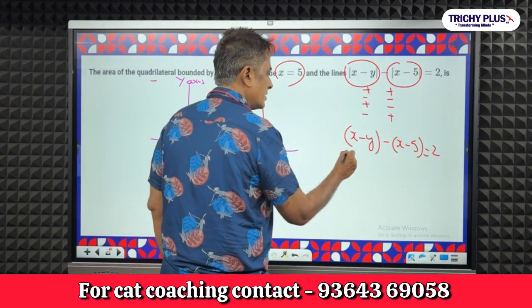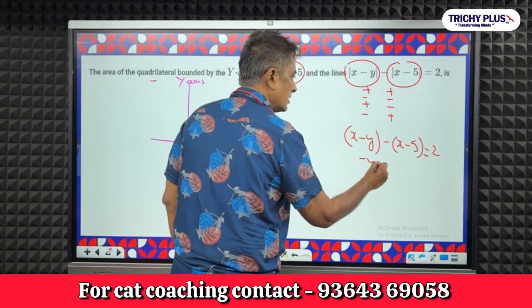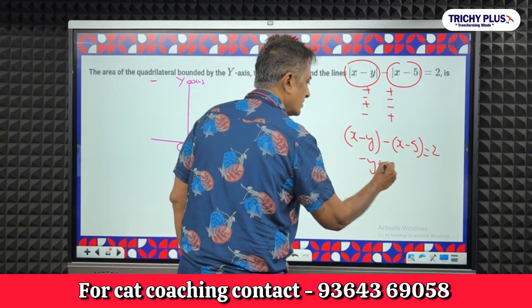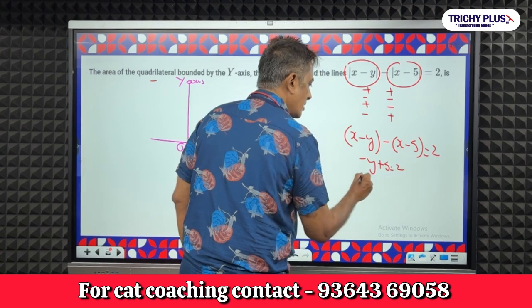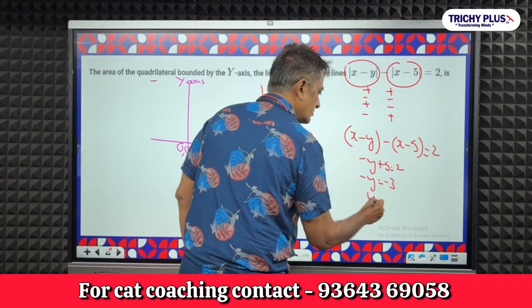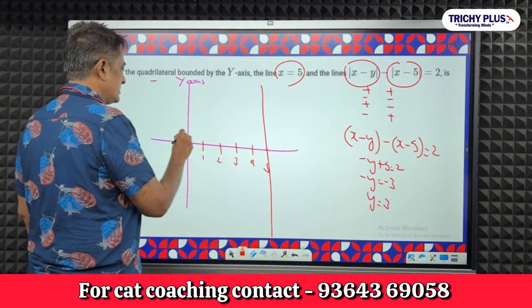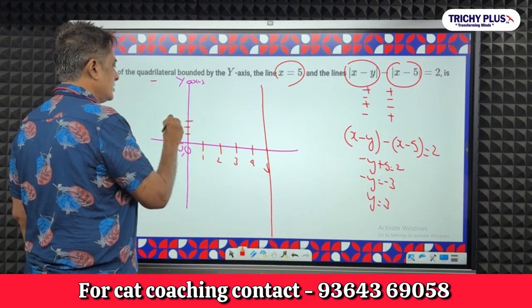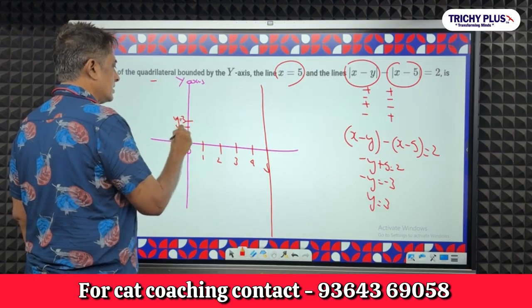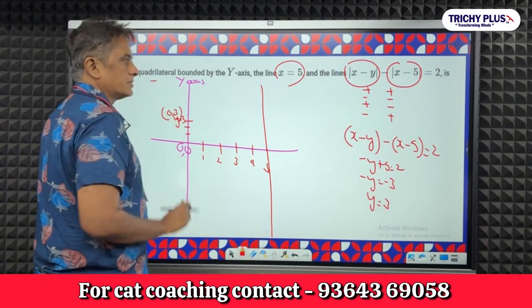Open it, x will cancel, minus y plus 5 equal to 2. So minus y equal to minus 3, y is equal to 3. So this is one point here. So I take 1, 2, 3, y equal to 3 and x equal to 0. 0, 3 is one point.